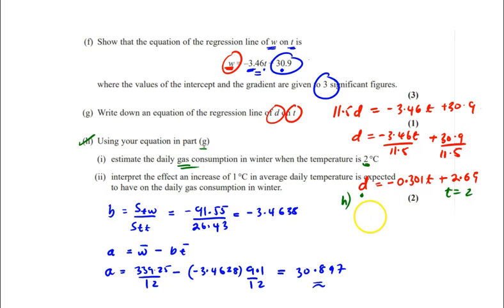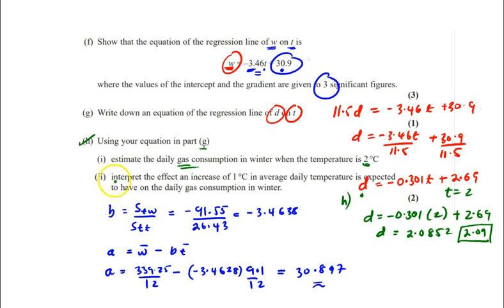So this is just a point of substituting in your equation, negative 0.301 times 2, and then plus 2.669. Then you end up with your D as 2.0852. You can give it to 3 significant figures, so you have 2.09.